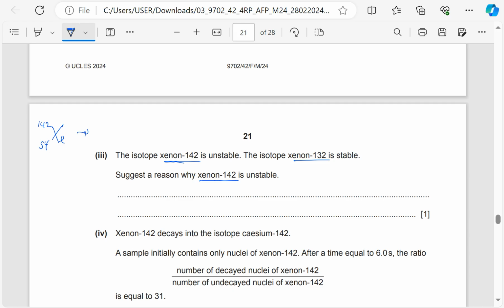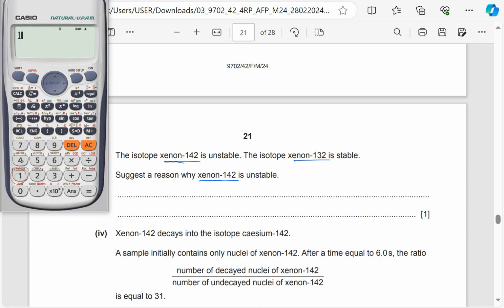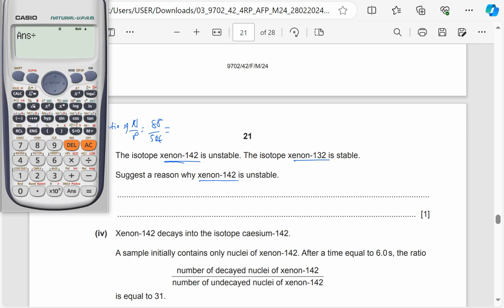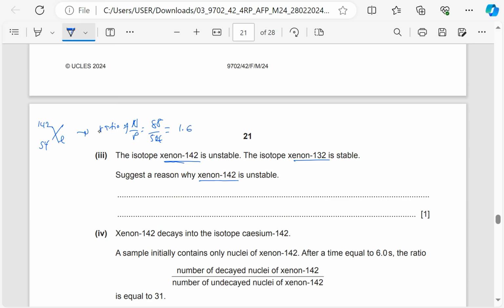This one has a number of neutrons 142 minus 54, that is 88. So the ratio of N over P is going to be 88 divided by 54. This is 1.6, very close to 2.